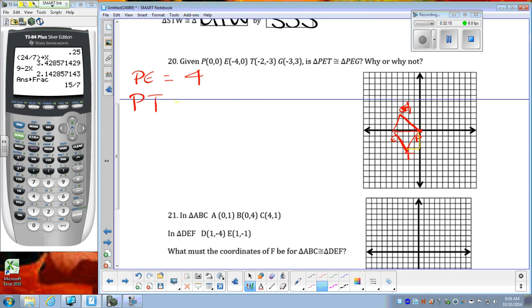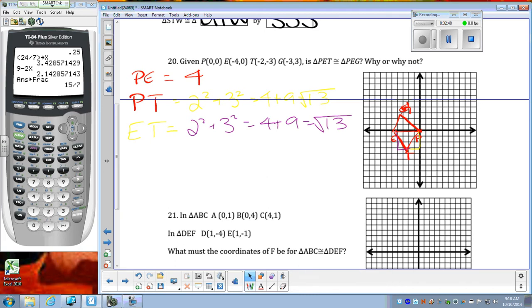So PT is 2 squared plus 3 squared to give me the square root of 13. I need to figure out ET. For ET, I went down 3 over 2. 2 squared plus 3 squared equals 13, and then I square root that.